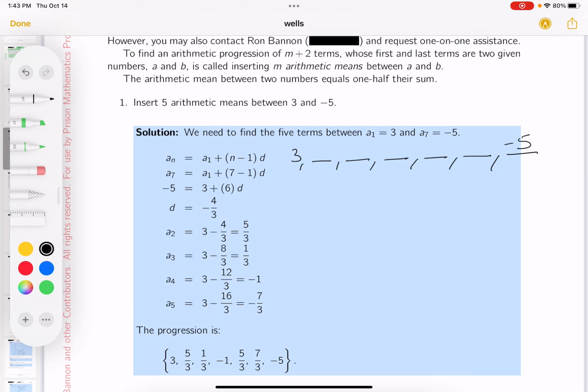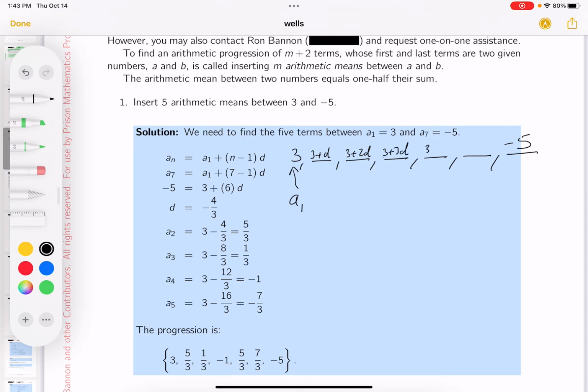What I know about this is I'm just going to call it A1. Doesn't matter what it is, by the way. Then I'm going to count over as I do that. Whatever this is, it would be 3 plus D, 3 plus 2D, 3 plus 3D.